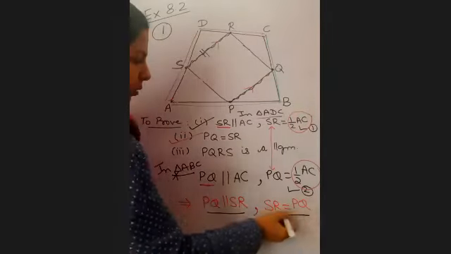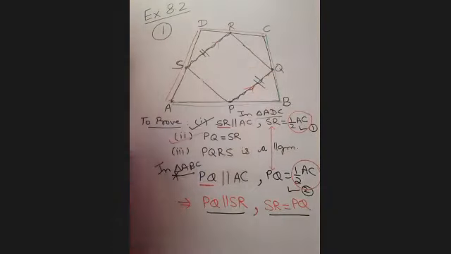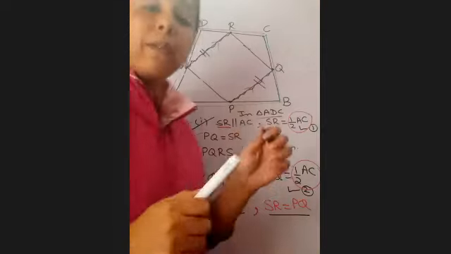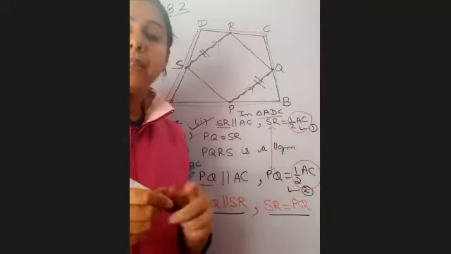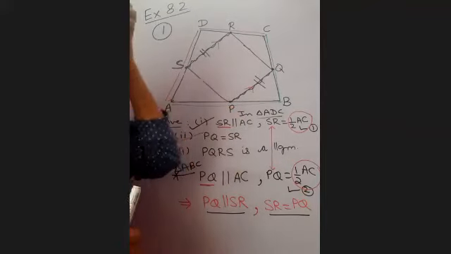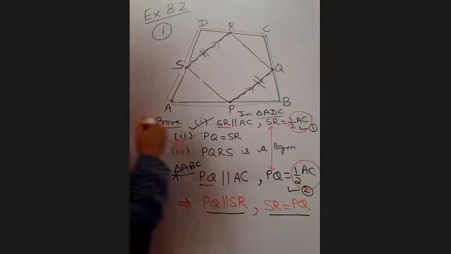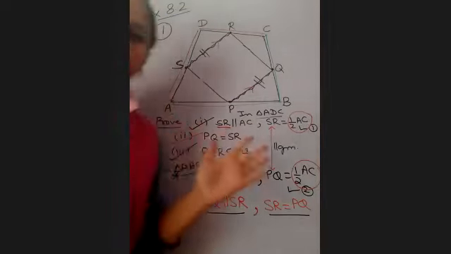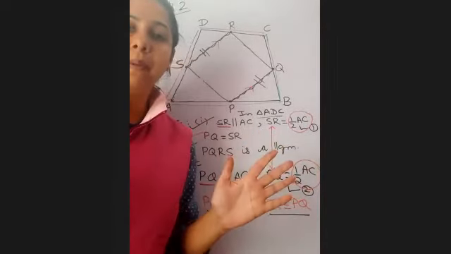Do I have PQ equal to SR? Yes, ma'am. The quadrilateral in which one pair of opposite sides is equal as well as parallel, what does it become? It's called a parallelogram. Done? Are you clear, children? Yes, ma'am.